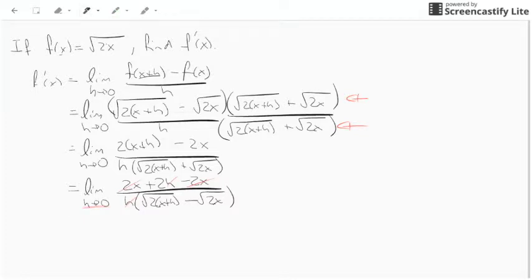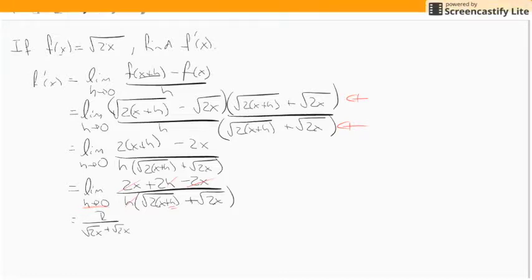So now in my last step, I can take the limit, I can substitute in the 0 for this h right here in the expression. And so what I'm left with is 1 over root 2x. Oh, I'm sorry, this should have been a plus. I'm sorry, that was a plus right from the way up here. In the denominator, I get root 2x plus root 2x. Oh, I'm sorry, 2.